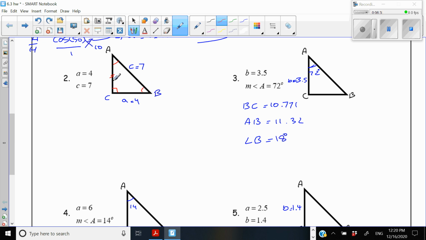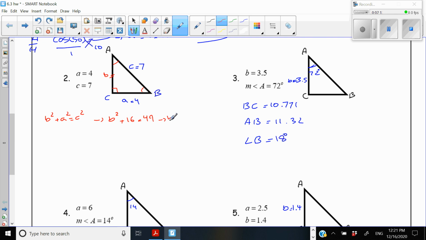So let's start with finding this side, which is easy because I can use the Pythagorean theorem here. Based on the Pythagorean theorem, the sum of the squares of the two legs is equal to the square of the hypotenuse. So I'm going to write this one as b squared plus a squared is equal to c squared. So that means b is the one that I'm looking for. a is 4 squared, which is 16, and c is 7 squared, 49.